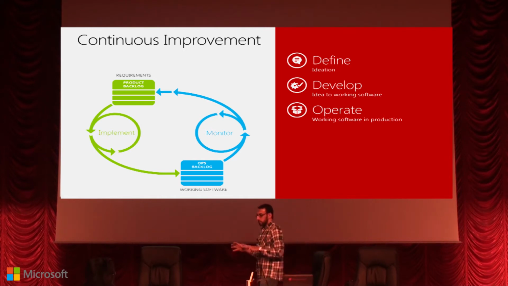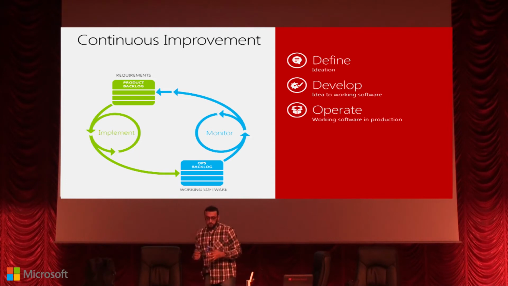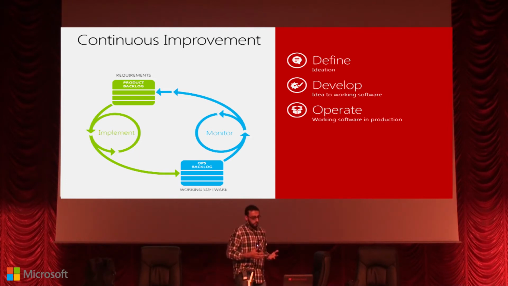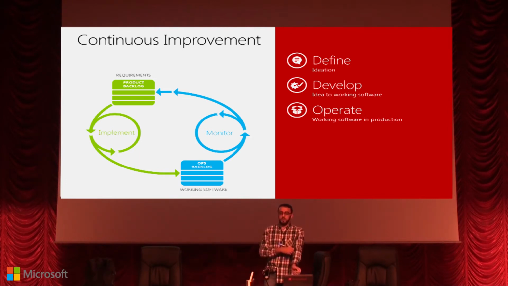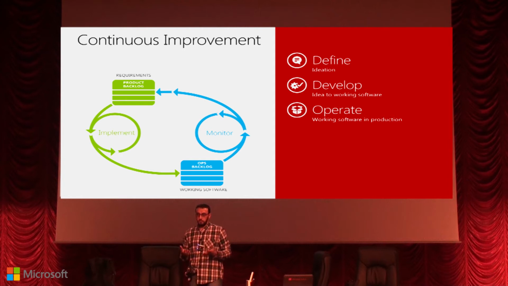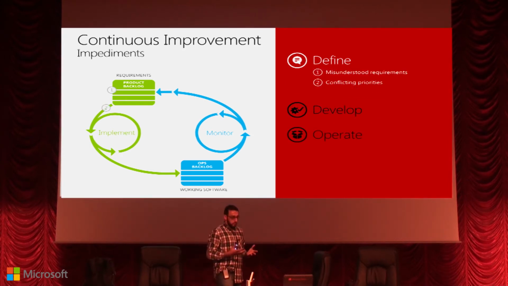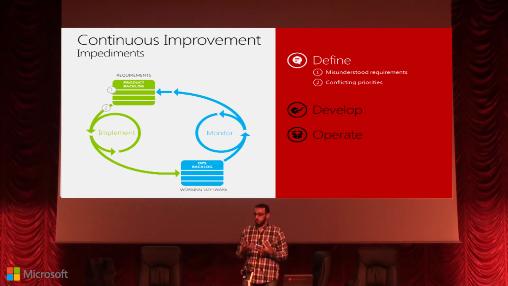If we focus on the first phase, which is the definition phase, what are the main impediments when you're defining your requirements? You know that building software is complex, especially when you are taking requirements from a customer that doesn't have an IT background. It will be very hard for the customer to express what he really wants.